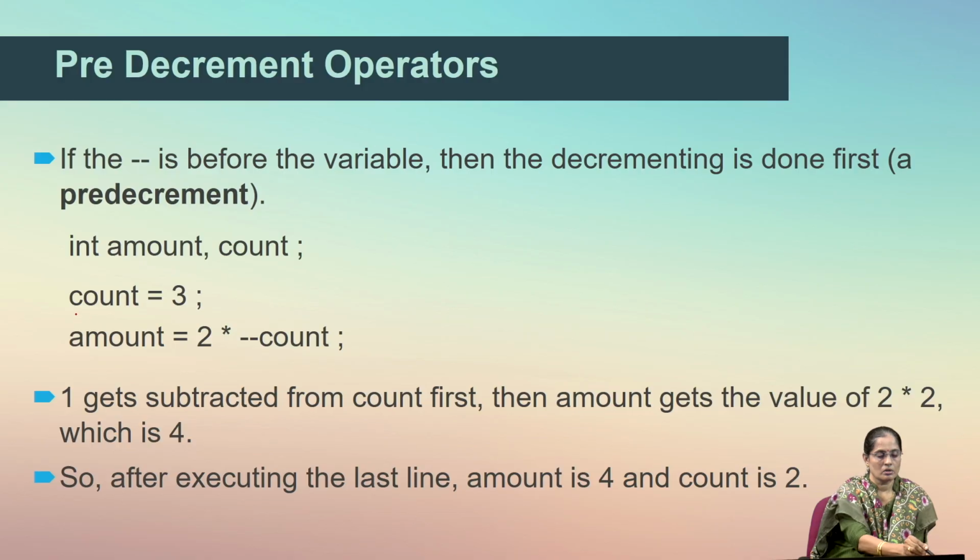And if we see the pre-decrement operator, if the decrement operation minus minus is placed before the variable, it is called pre-decrement operator. Let us take the same example and work it out. The amount and count variables, the count variable is assigned the same value 3.